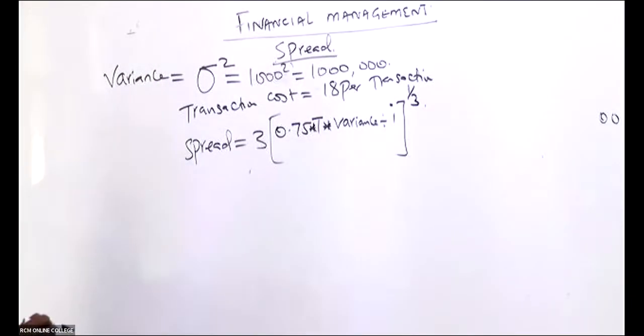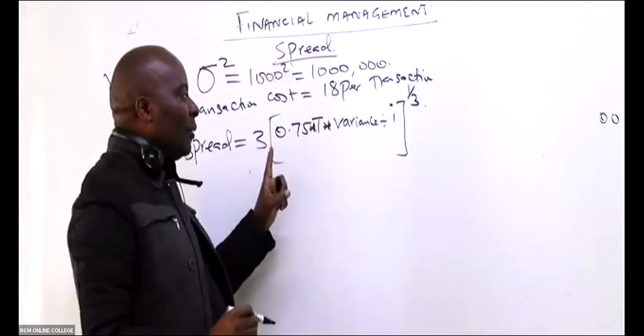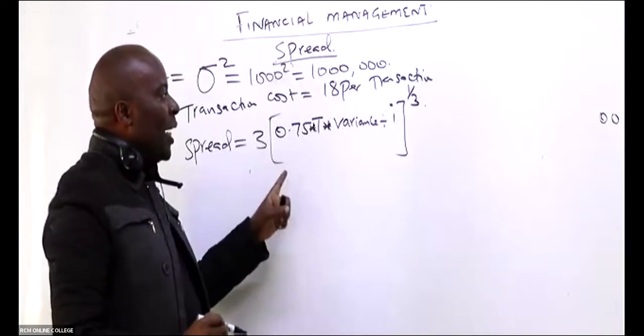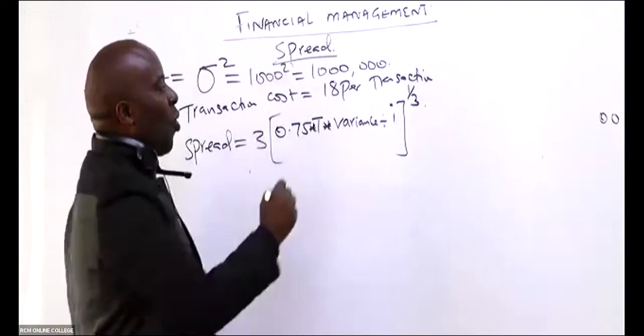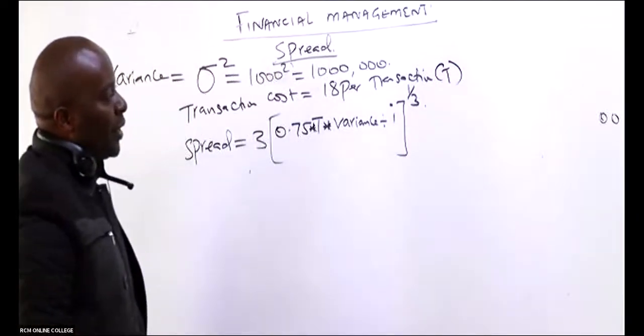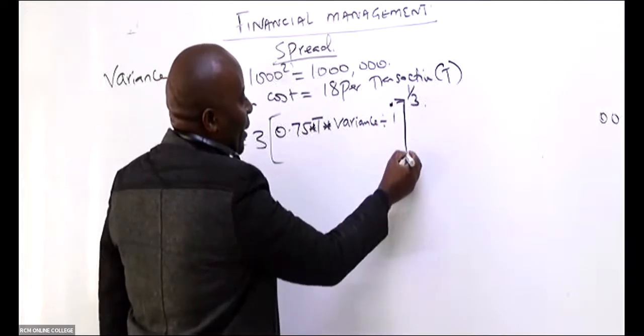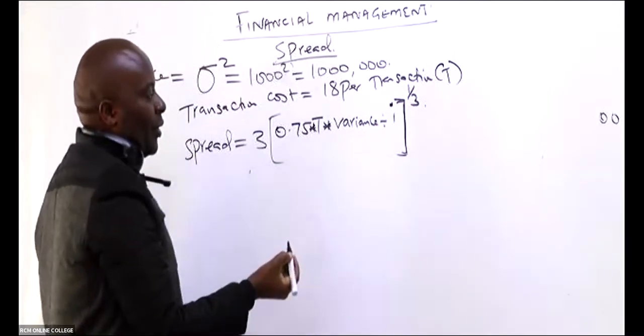So to get the spread, you take 3, and then inside here you take 0.75 times this transaction cost, which we call T, times the variance divided by capital I, where capital I is the daily interest rate.